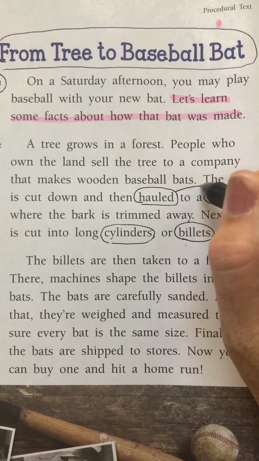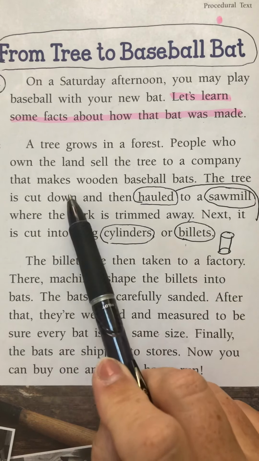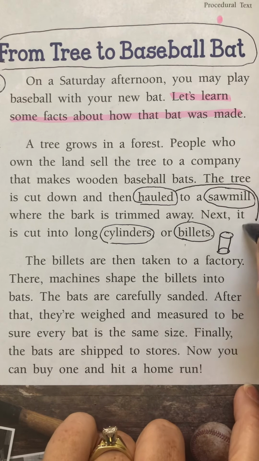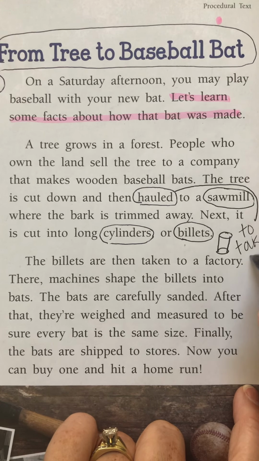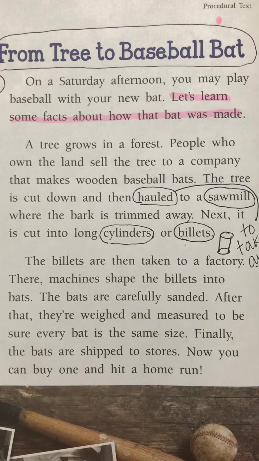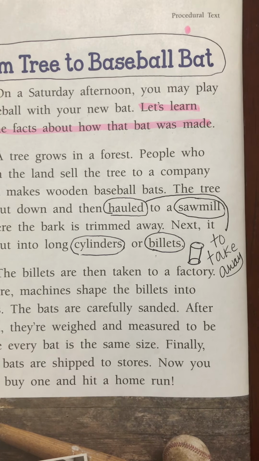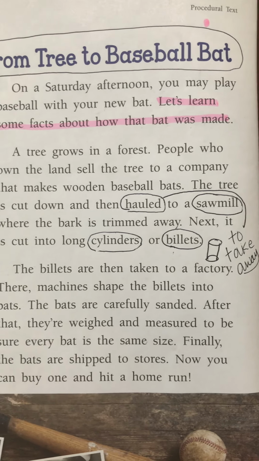Hauled, let's look at this word. The tree is cut down and then hauled to a sawmill. Haul means to take away. To take away. I wrote that down. And a sawmill is like a factory.